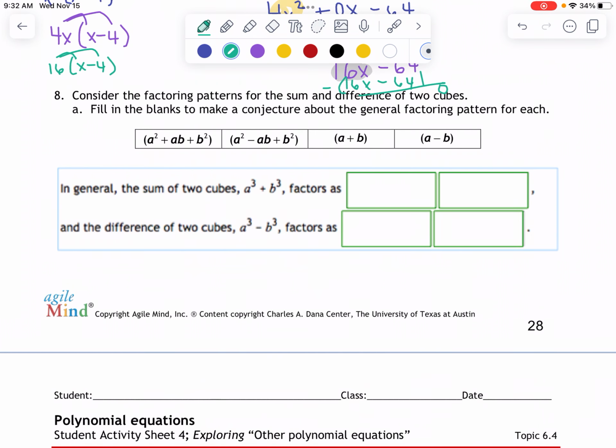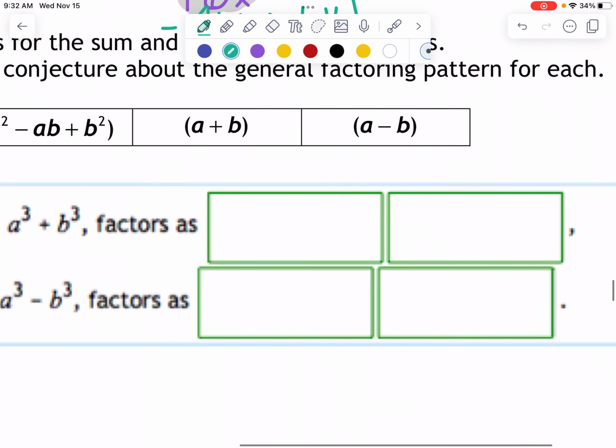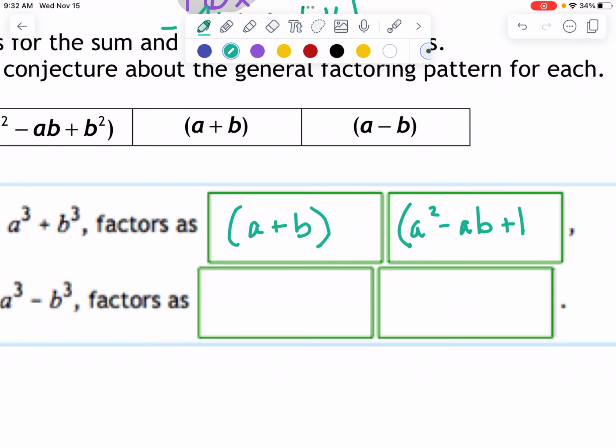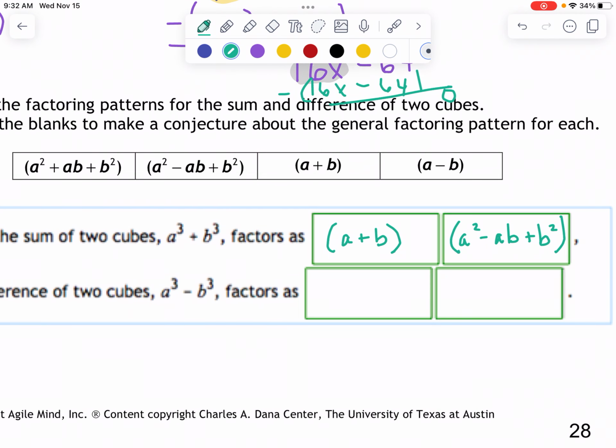So our sum of cubes formula: we're going to start with our a plus b, and then multiply that by a squared minus a times b plus b squared. If we're dealing with our difference of cubes, it's going to be almost identical, but our signs are going to change.